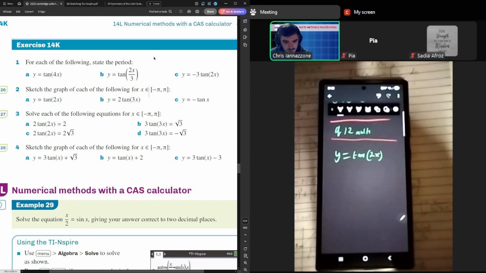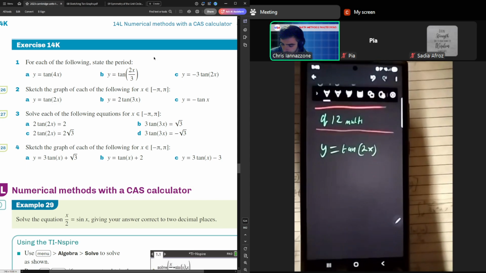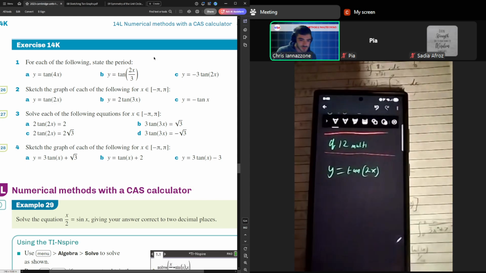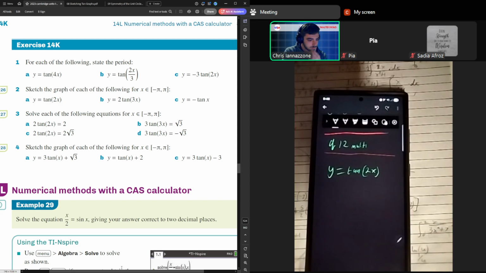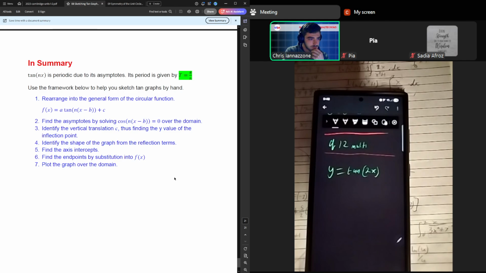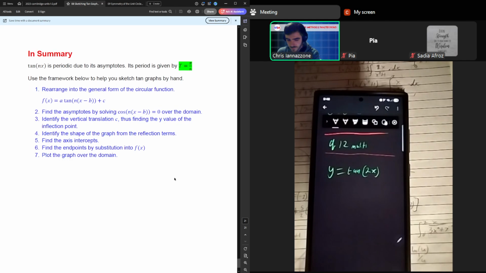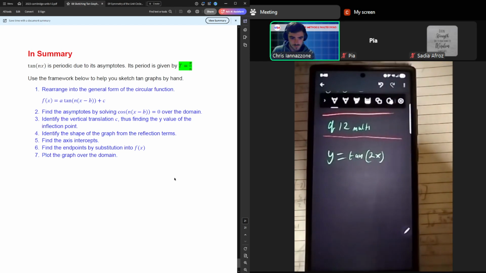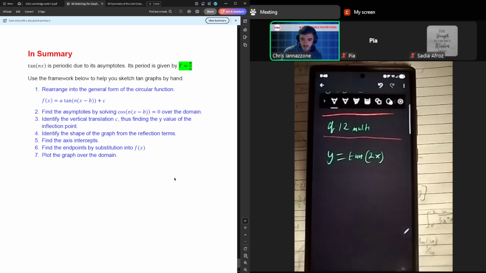All right, so if we're going to sketch that, what do we think the first step's going to be for sketching this? Yeah, finding asymptotes. That's good. So how do we find the asymptotes in this case?